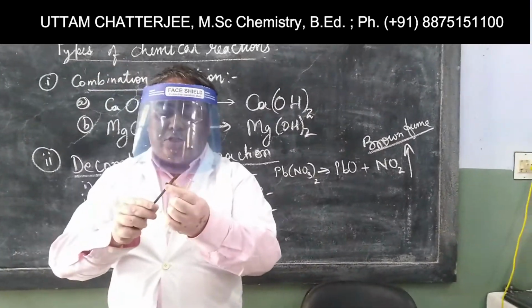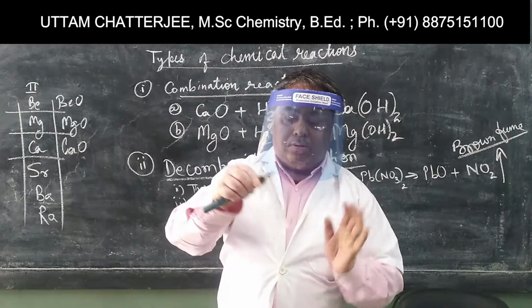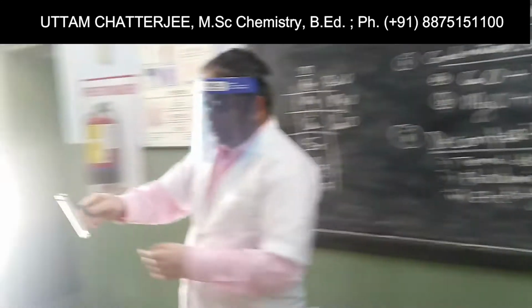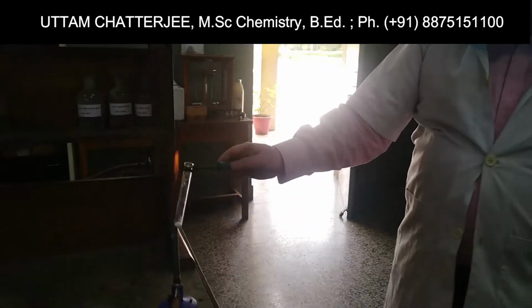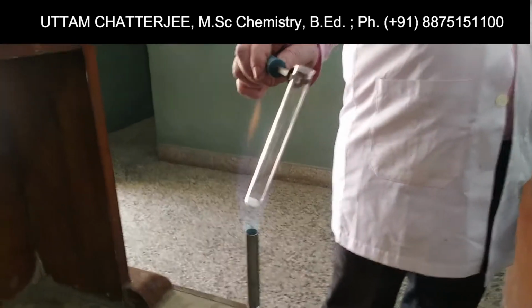So whenever you heat in test tube, you require to use a test tube holder, and again I will heat it slowly, and you will see carefully. If you can see, brown fumes, reddish brown fumes will start coming out.